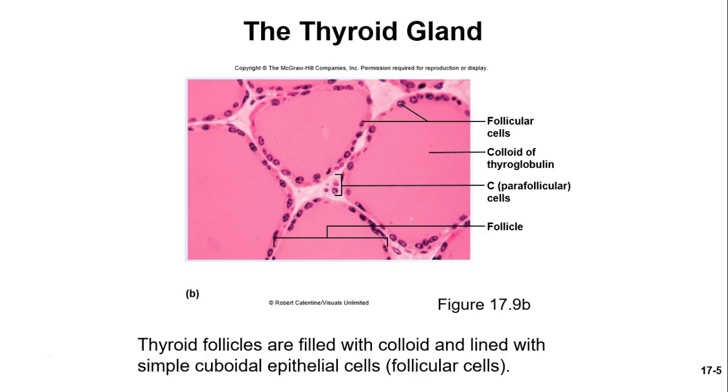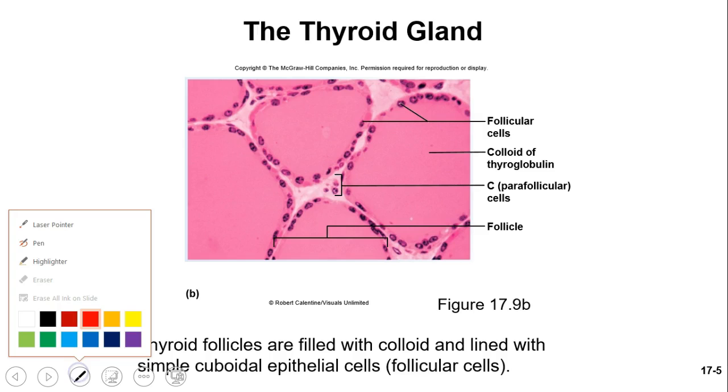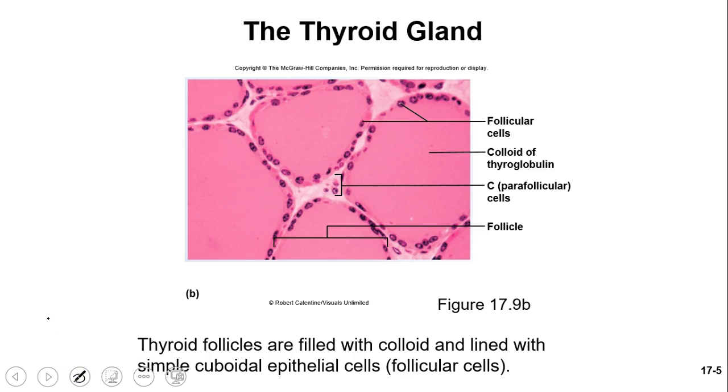the follicular cells. However, you'll notice that there's another group of cells labeled here. These are the parafollicular cells. I don't know if you remember the C cells. They play an important part in regulating calcium. So those are the C cells.